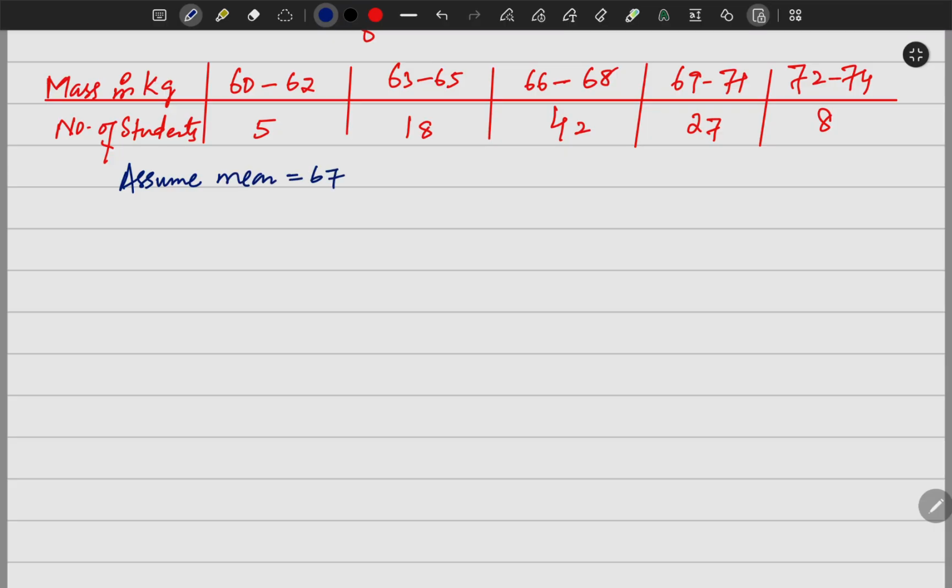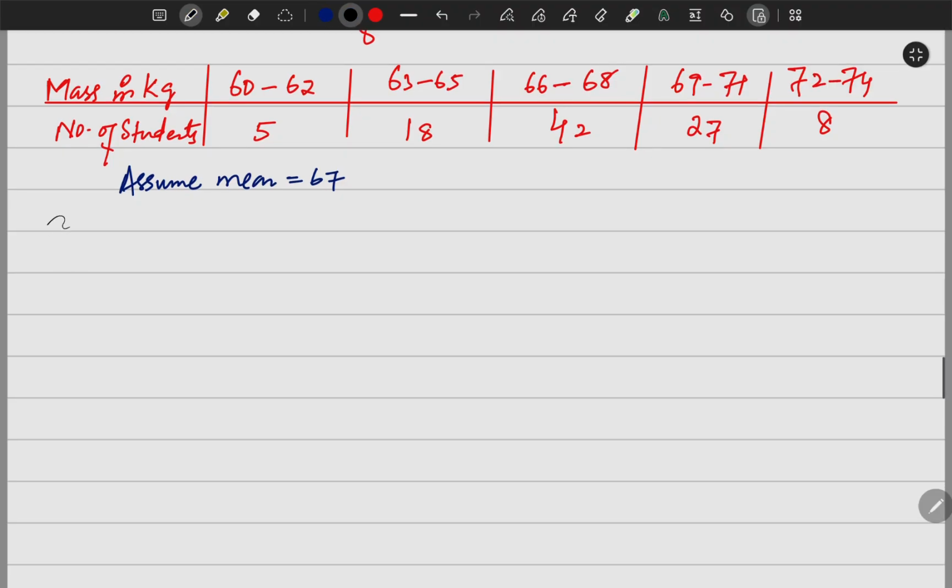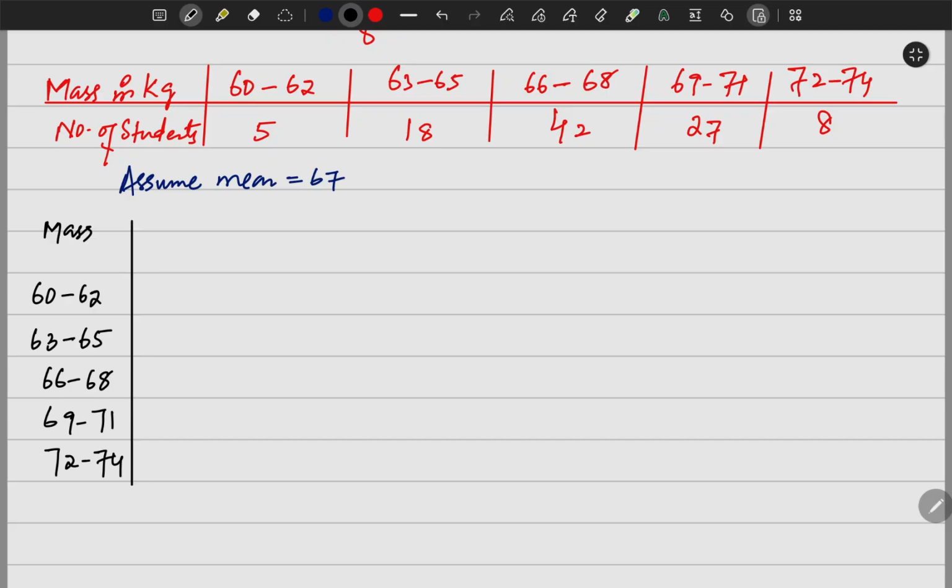Okay, so then we will classify it in this way: that is 60 to 62, 63 to 65, 66 to 68, 69 to 71, 72 to 74. Now we have the number of students, that is our frequency. So that is 5, 18, 42, 27 and 8.